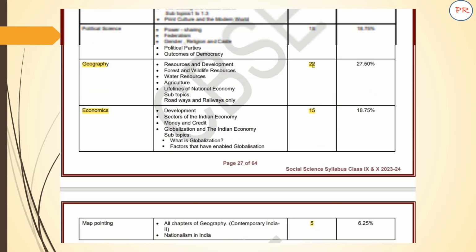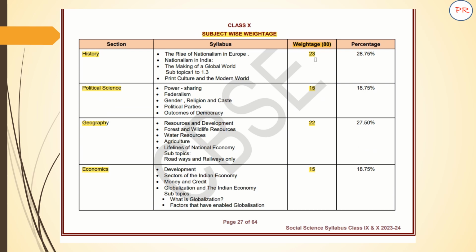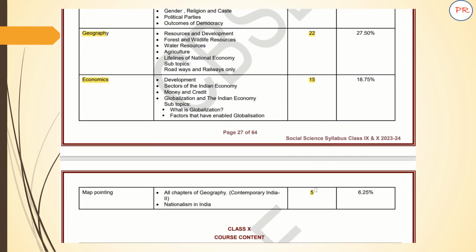Remember, compared to last year, all 4 parts, that is history, political science, geography, economics, were asked for 20 marks each. But this year the weightage for history and geography has increased, whereas political science and economics has decreased. So you have to take note of it while preparing.